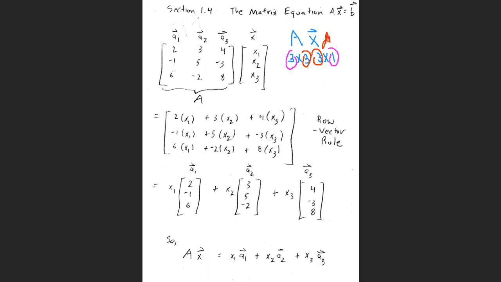So how do we multiply the matrix A times a vector x? Well, we use something called the row vector rule. Now, what is the row vector rule?